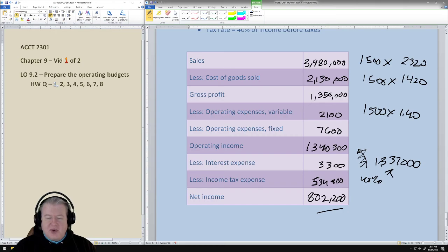Of course, your tax rate may not be exactly 40%, but you would take some tax rate that you are planning on, or maybe a little bit higher.